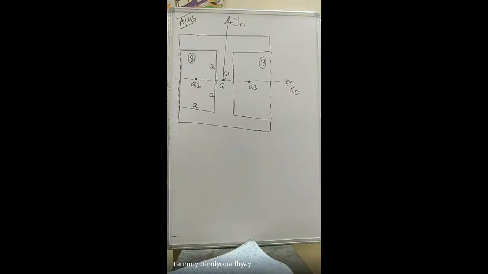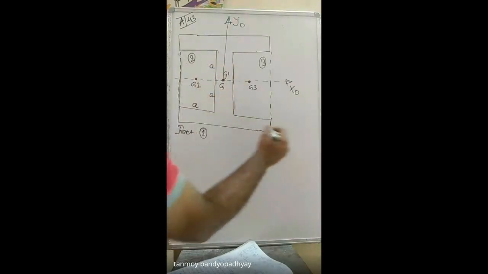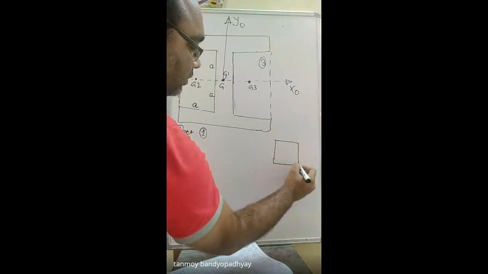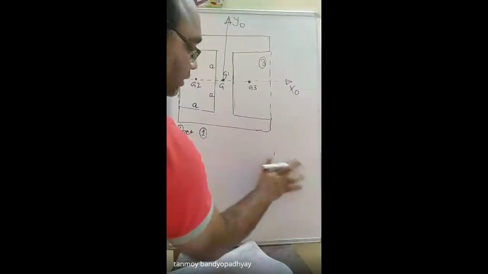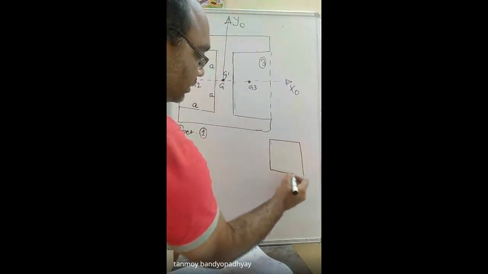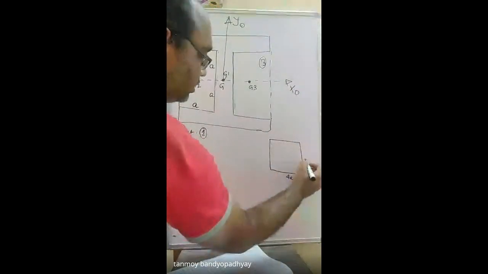So for rectangle number 1, I had only done Ix, okay? Do Iy also, it will match. So for the entire rectangle, initially we had a rectangle like this, whose sides were 4a by 4a, like a square. This was 4a, this one was 4a.